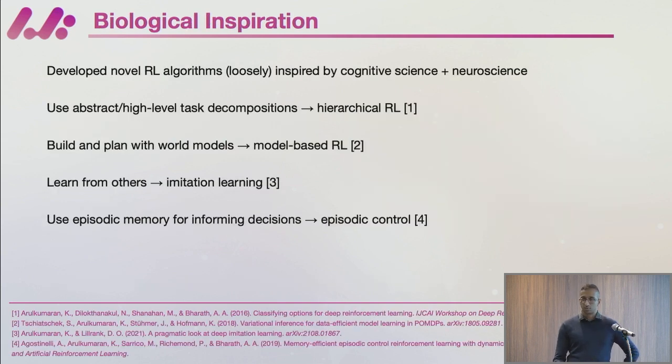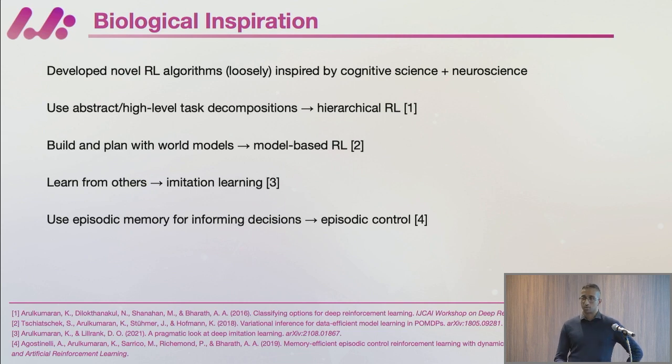Throughout my PhD and a little bit afterwards, some of the things I've worked on have been to develop novel reinforcement learning algorithms, inspired, maybe loosely, by cognitive science or neuroscience. For example, humans build abstract notions of the world, and we can decompose tasks into different levels.